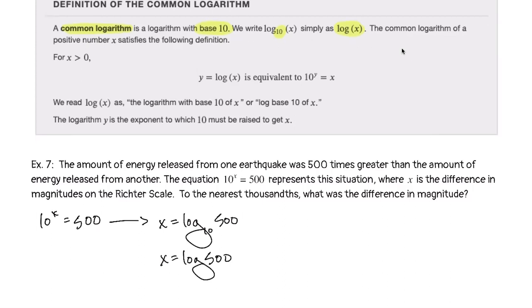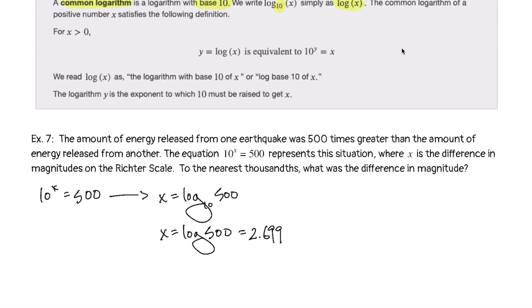Those two are the same thing. The nice thing about not having to type in the base is you can type log 500 right into your calculator, because when you type log, it assumes you're doing log base 10. Let's type in log 500 to 3 decimal places. We should get 2.699. That answers what x is. X is 2.699.